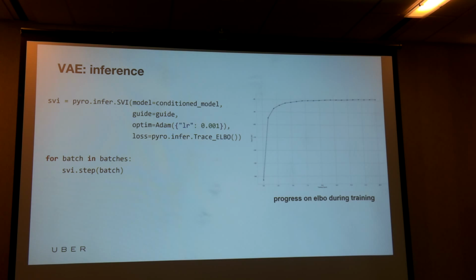This is safe, it saves a bunch of computational cost, and this is a generally useful idea. And this is how we'll proceed from here on with learning deep generative models. We'll update the parameters of the model and guide at the same time.